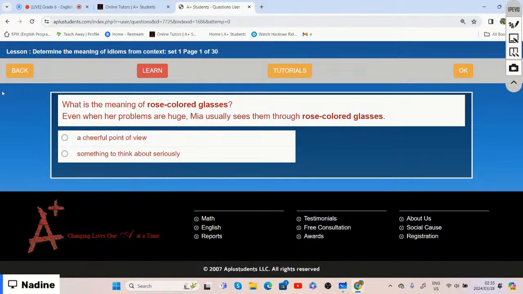So, is it a cheerful point of view or something to think about seriously? Rose colored glasses. So, what do you think that meaning is?